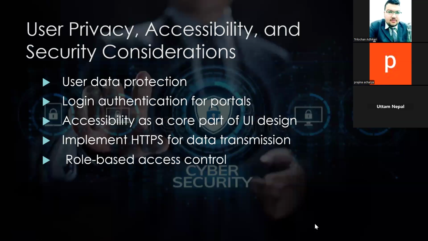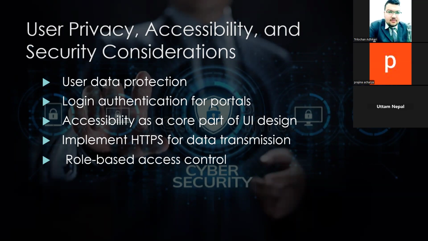The topic is user privacy, accessibility, and security considerations. First is user data protection. We use secure authentication methods to protect user accounts and ensure that only authorized users can log in. Another is login authentication for portals. We prioritize accessibility in UI designs.